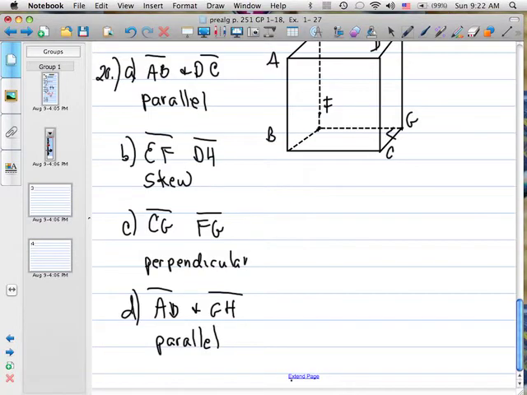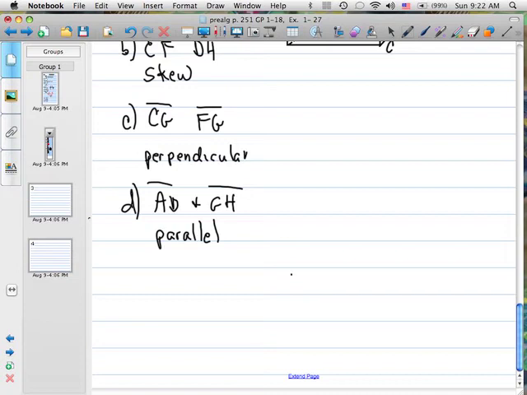Problem number 22. Determine if the statement is true or false. Any two lines in space are related in exactly one of these ways. They either intersect, they are parallel, or they are skew. And we've already seen that that's true. Number 24. In the figure at the right, AB is parallel to line CD. Find the measure of angle 8.